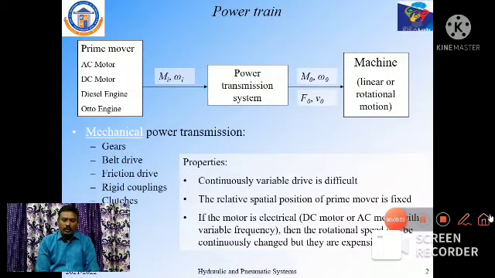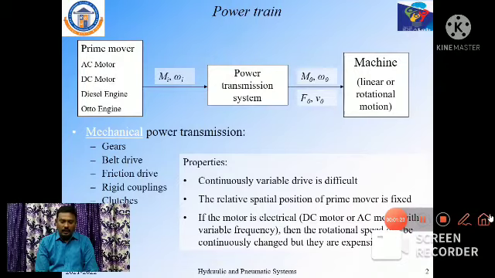Mechanical power transmission systems are gears, belt drives, friction drives, rigid couplings and clutches. These are the basic types of mechanical power transmission we use. Properties of these systems: a continuously variable drive is difficult, and the relative spatial position of the prime mover is fixed.